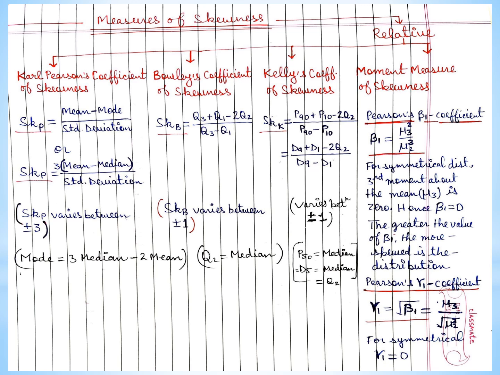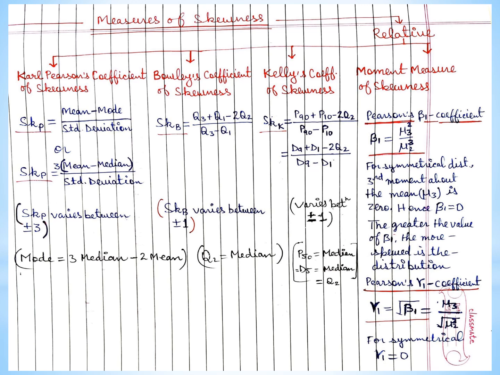Now come to next measure of skewness. Second is Bowley's coefficient of skewness. Bowley's coefficient of skewness is based upon the quartiles. We know that in any data set there are three quartiles, and quartiles divide the complete data set in four equal parts.